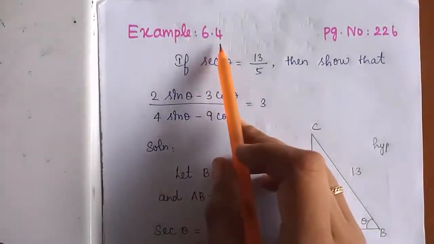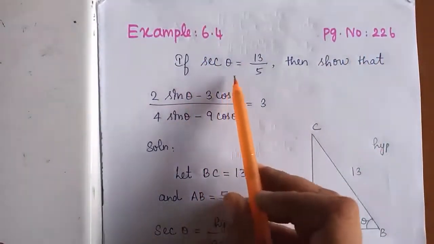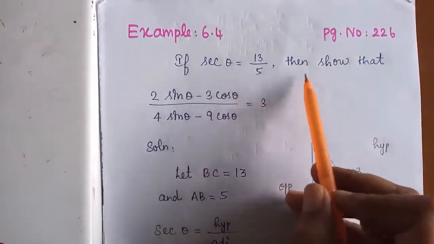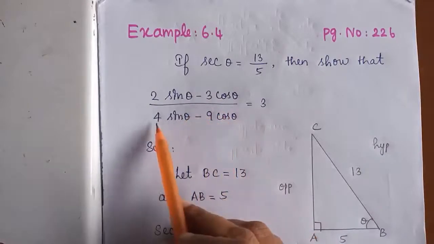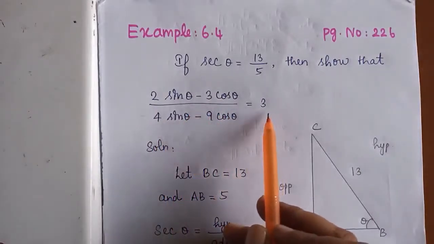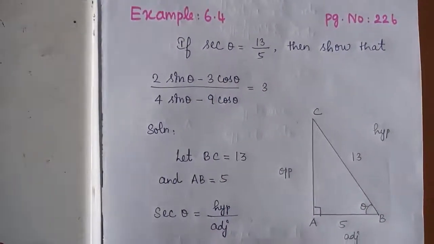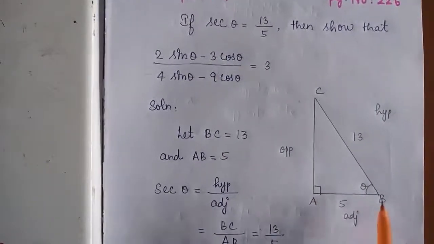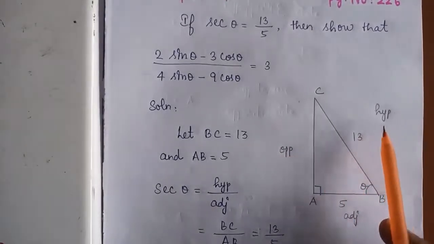Example 6.4, which belongs to page number 226. If secant theta is equal to 13 by 5, then show that 2 sin theta minus 3 cos theta divided by 4 sin theta minus 9 cos theta is equal to 3. So this is the given figure ABC, which is right angled at A. So this is theta, opposite side, adjacent side and hypotenuse side.